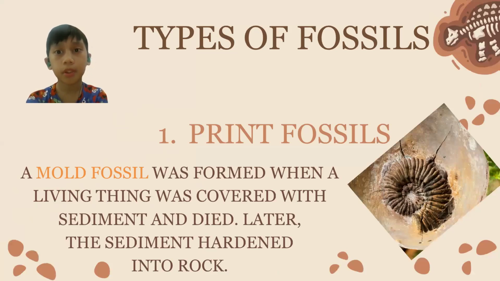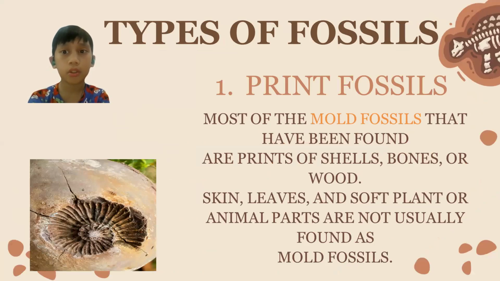This is because the pressure of the sediment may have destroyed the softer parts before they could make an impression. Also, bone, shell, and wood do not dissolve or decay as quickly as soft or delicate living things. One form of a print fossil is a mold fossil.